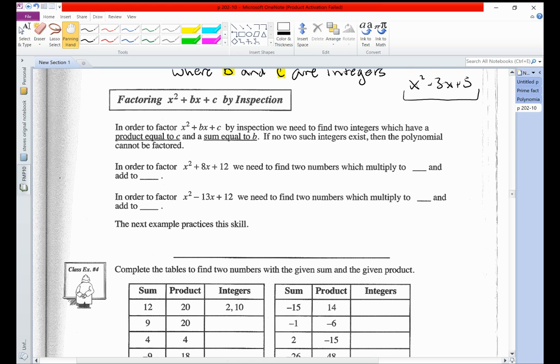So in order to factor x squared plus 8x plus 12, we need to find two numbers which multiply to positive 12 and add to positive 8.